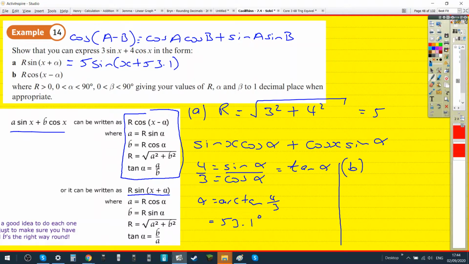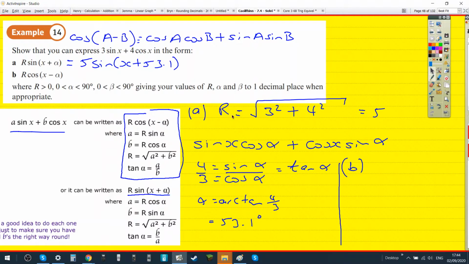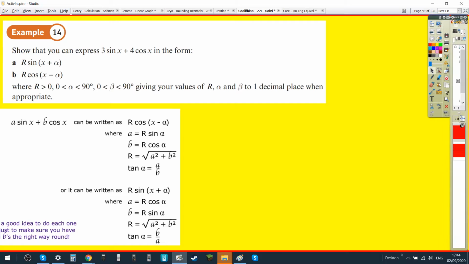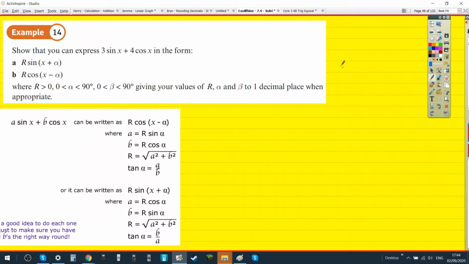So we write cos x cos alpha plus sine x sine alpha, was it? Yeah.